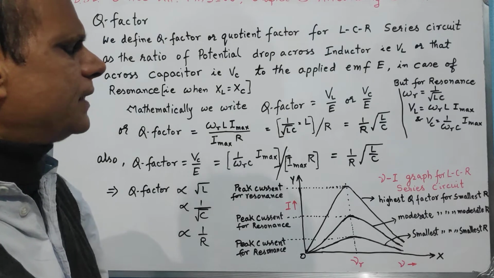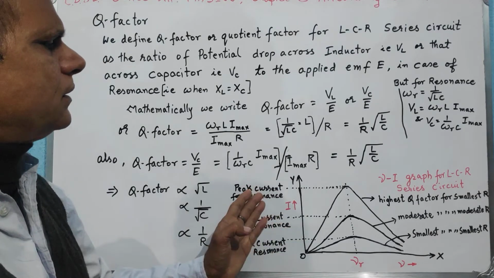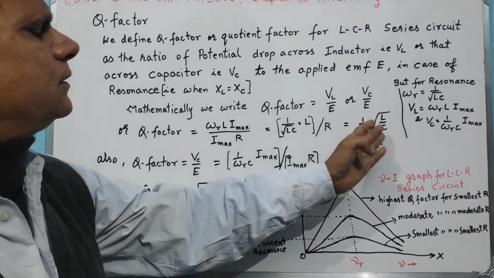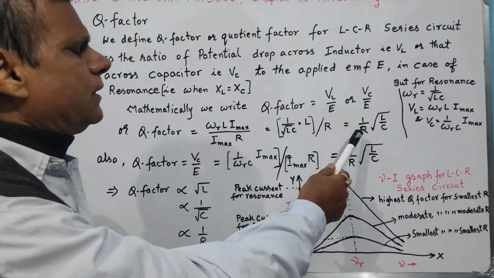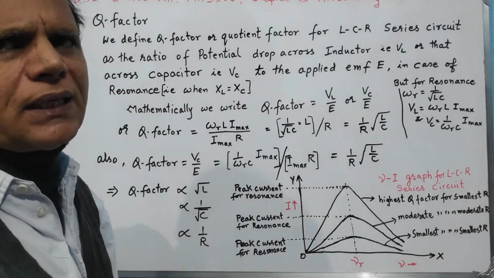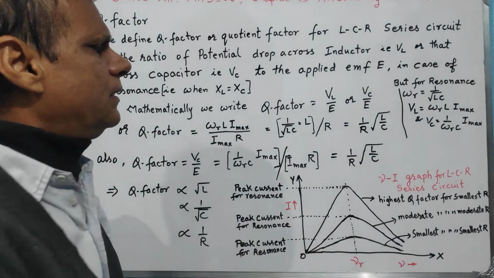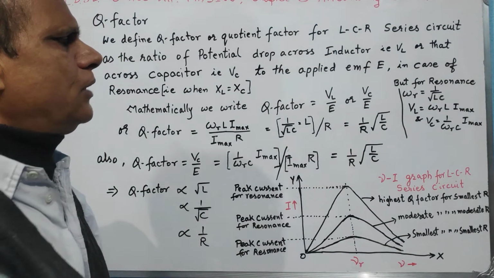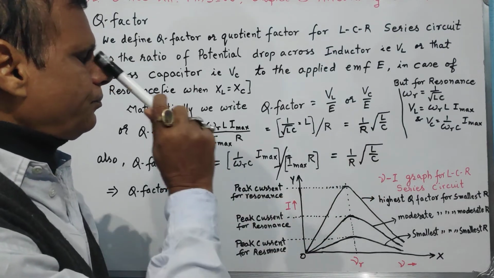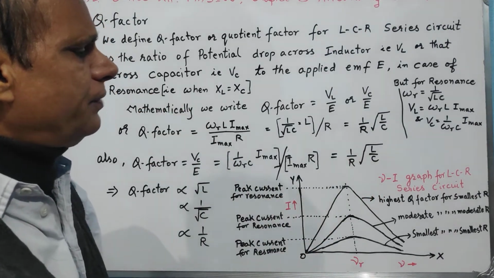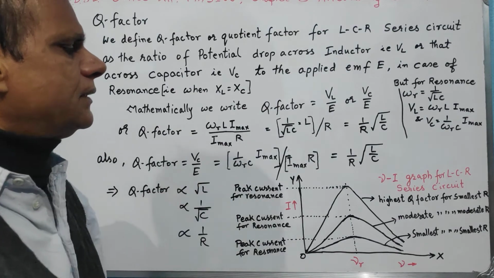Now here you see Q factor is given by this relation, Q factor is equal to 1 by R under root L by C. It means that Q factor is proportional to root L. Greater the value of L, greater will be the Q factor.